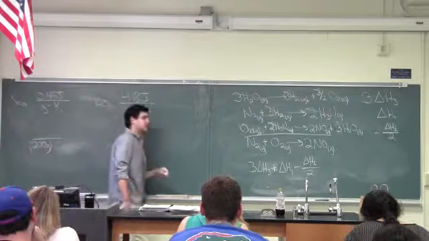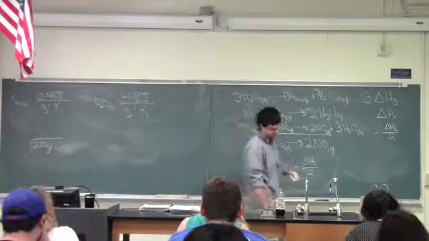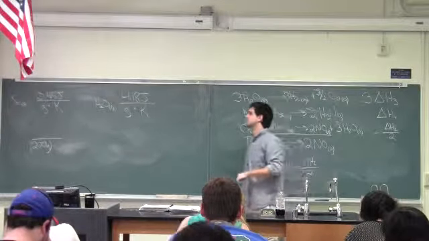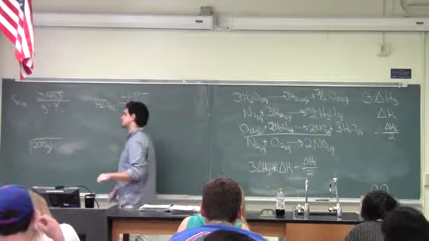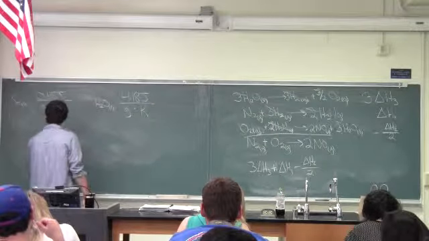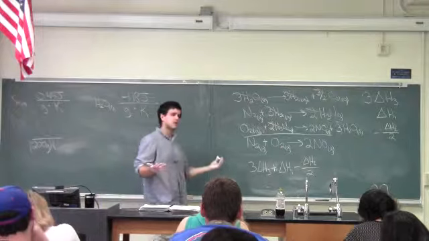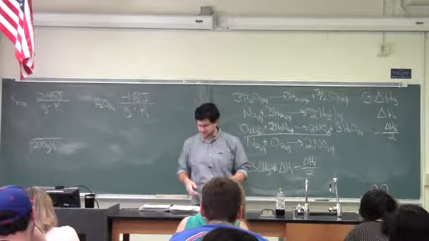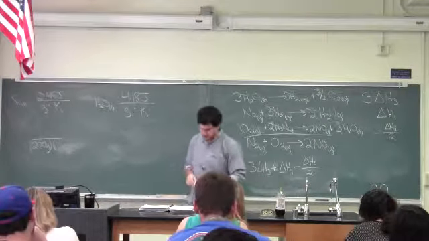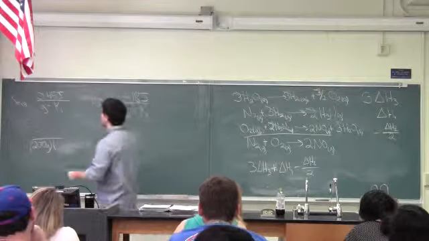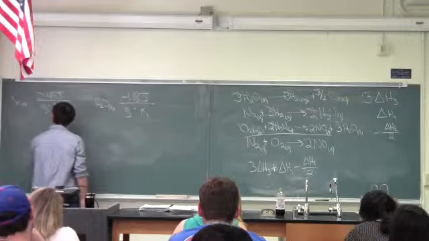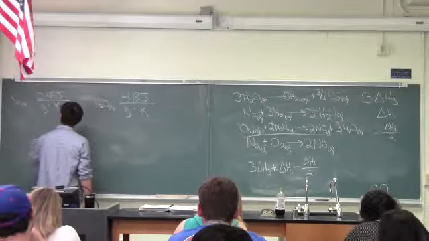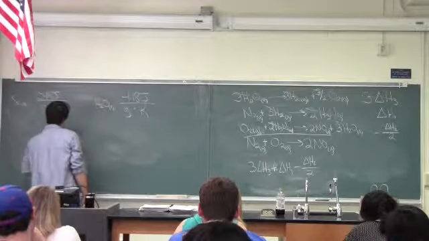That's an easy one. I've got 200 grams of iron in this experiment that I'm running. I don't know what my change in temperature is. That's what I'm trying to get at. So, if you want to, call it X Kelvin.